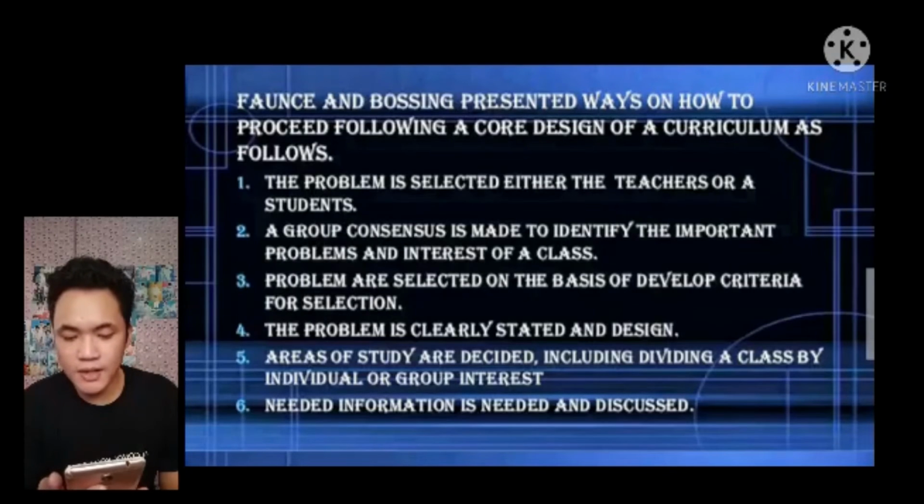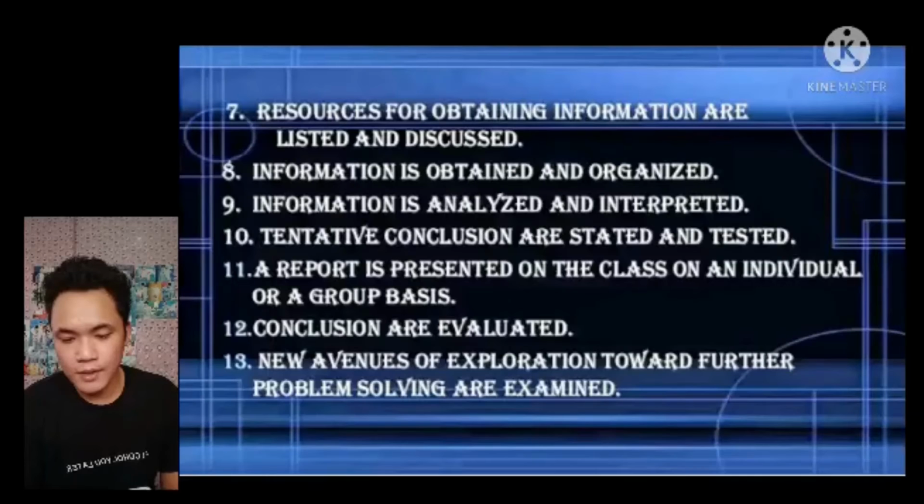Areas of the studies are decided, including dividing a class by individual or a group. Needed information is identified and discussed. Number 7, resources for obtaining information are listed and discussed. Information is obtained and organized. Information is analyzed and interpreted.